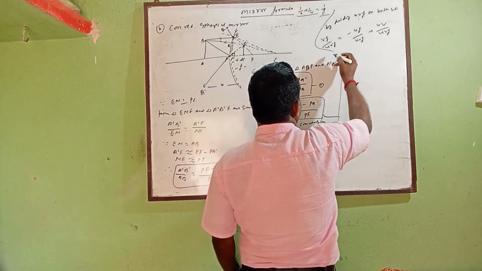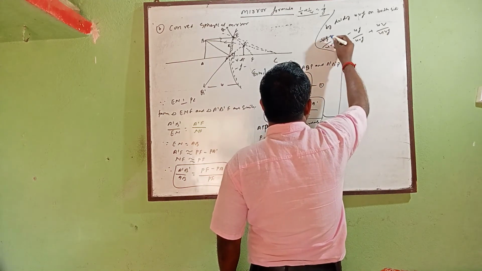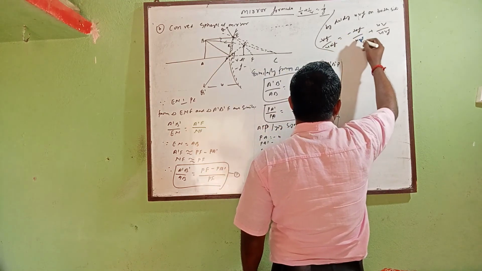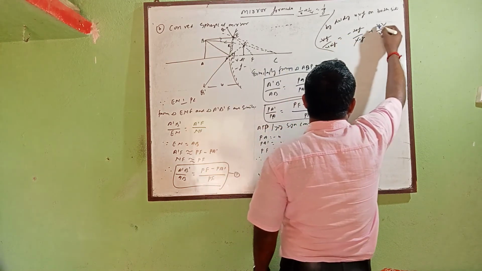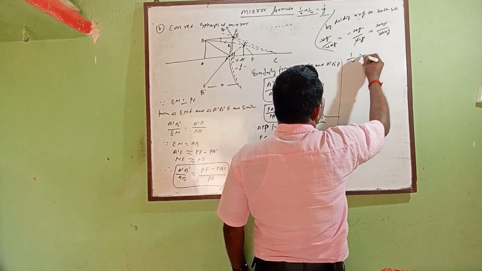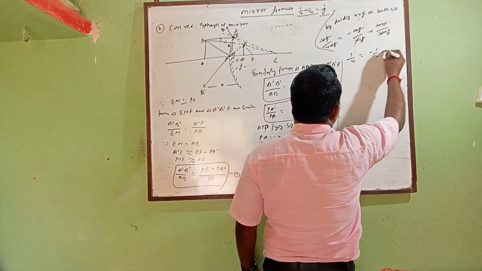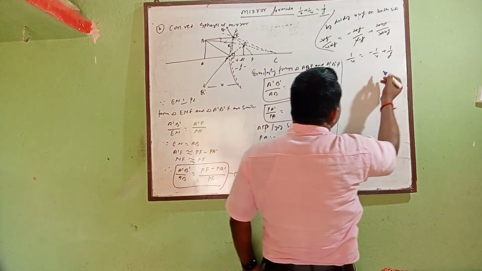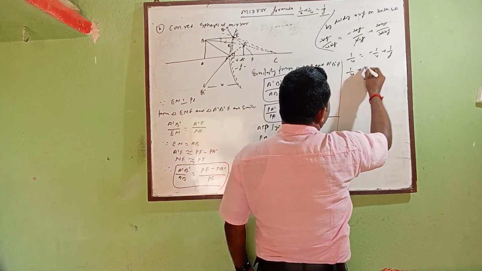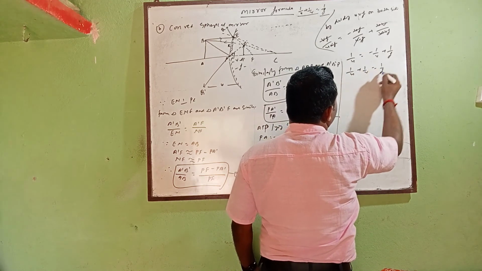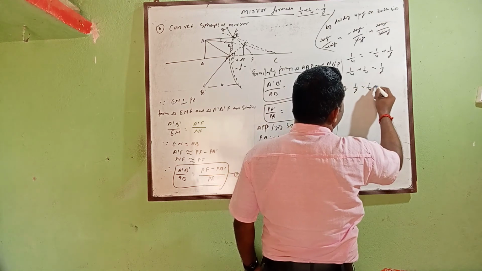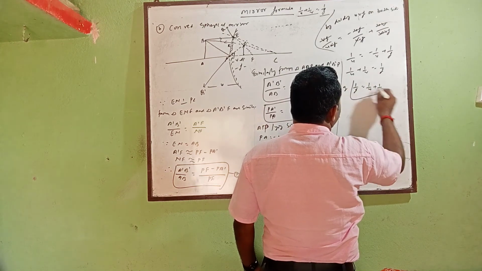So VF and VF cancel out, UF and UF cancel out, and UV and UV cancel out. So we have 1 by U equal to minus 1 by V plus 1 by F. You can exchange this to the left side, so 1 by U plus 1 by V is equal to 1 by F, or you can write 1 by F equal to 1 by U plus 1 by V.